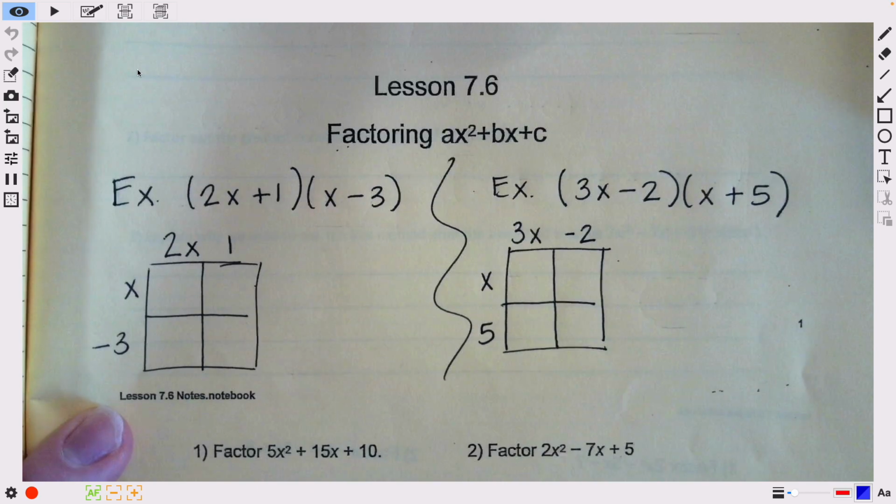I'm going to be working through it too, but you can look up to double check your answers, but you should know how to multiply at this point.